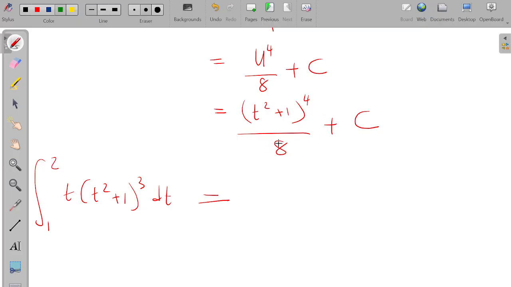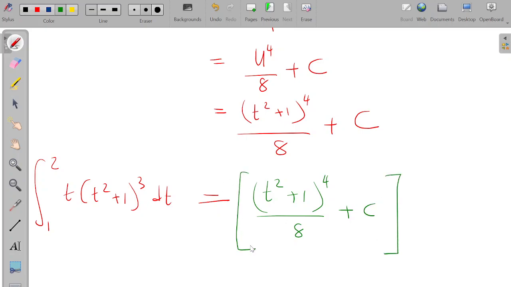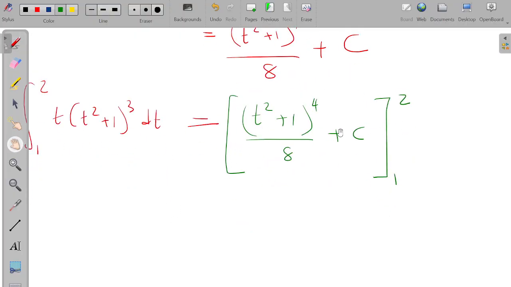You have already evaluated the integral. I just put my answer, t squared plus 1 raised to power 4 over 8 plus c, then put the square bracket from 1 to 2. If you put the integral, it shows that you are integrating a second time, so there's no need to put the integral anymore.